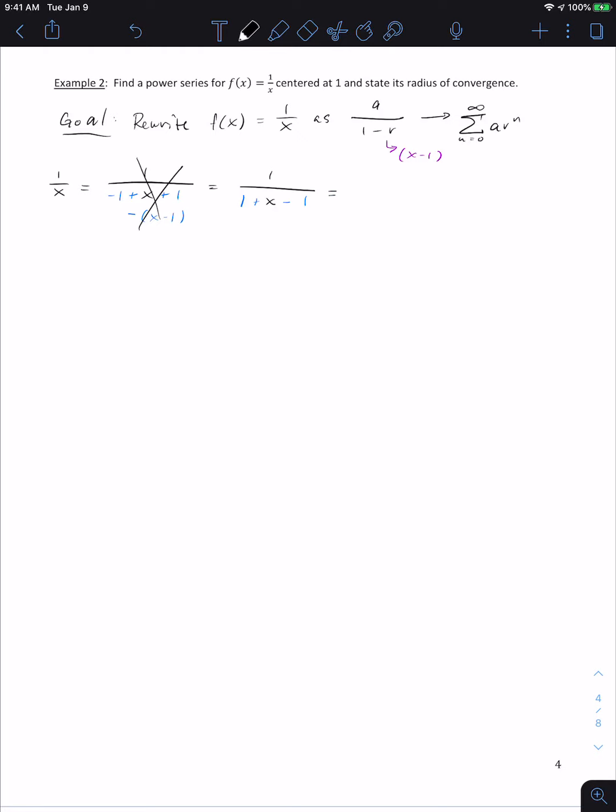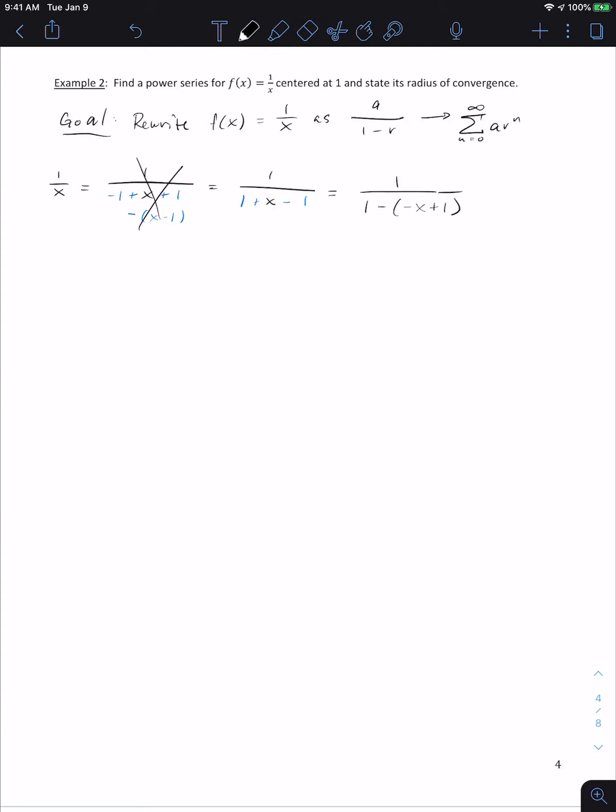So now what I can do is factor out a negative. When I do that, I end up getting 1 minus x plus 1. Again, this seems a little bit awkward because of the minus with the x there, and I was looking for x minus 1, but this will work for us.